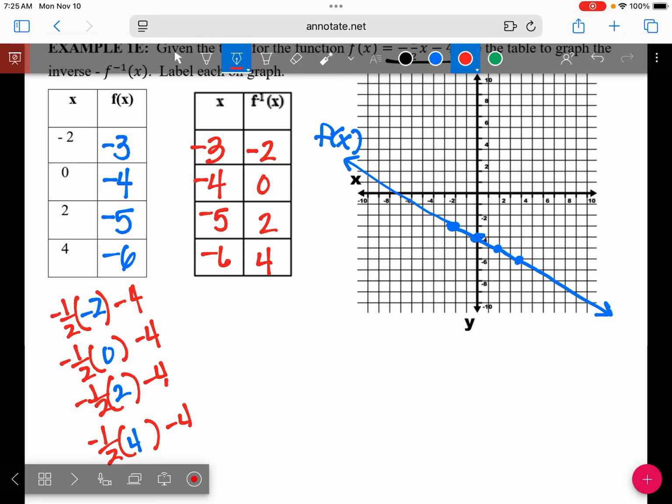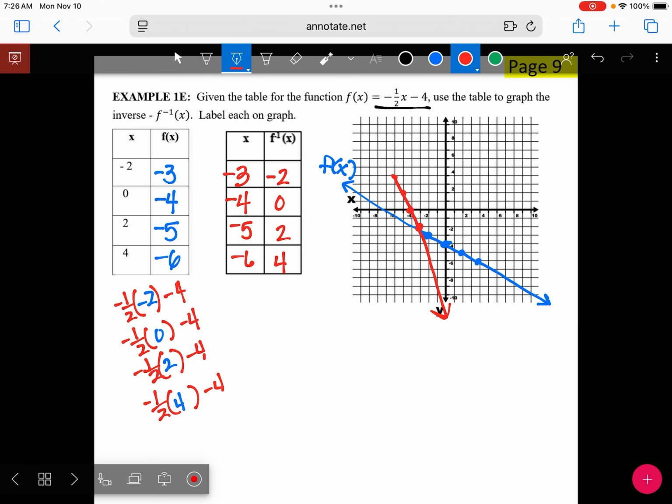And then for my inverse, and again, just make sure you label it.